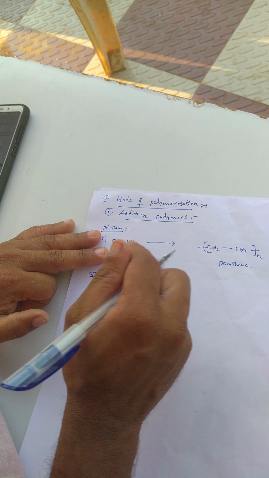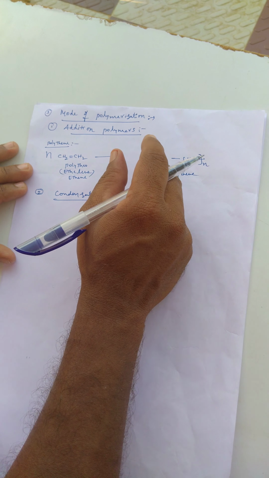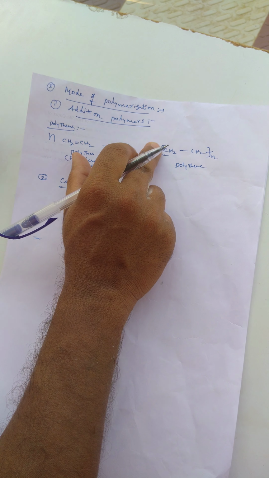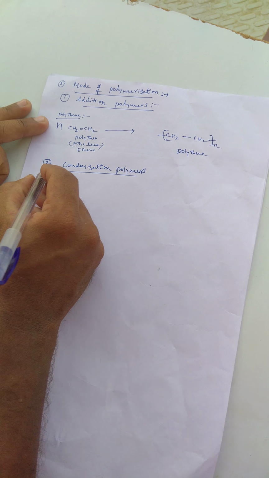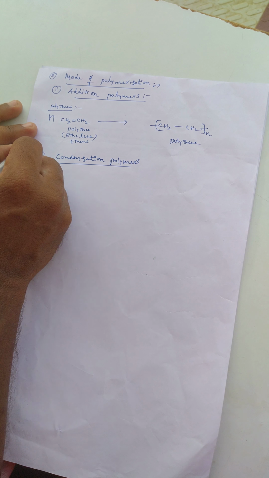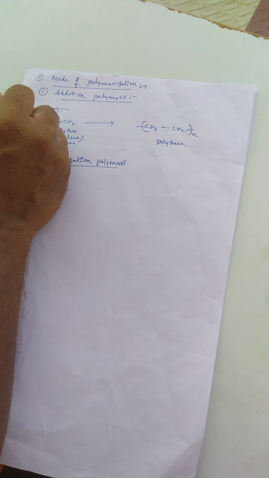Here no simple molecules are eliminated, children. Only addition is going on. That's why it is called an addition polymer. Buna-S is another type of addition polymer. We'll see that also. So the first, simple example for addition polymer is polythene.